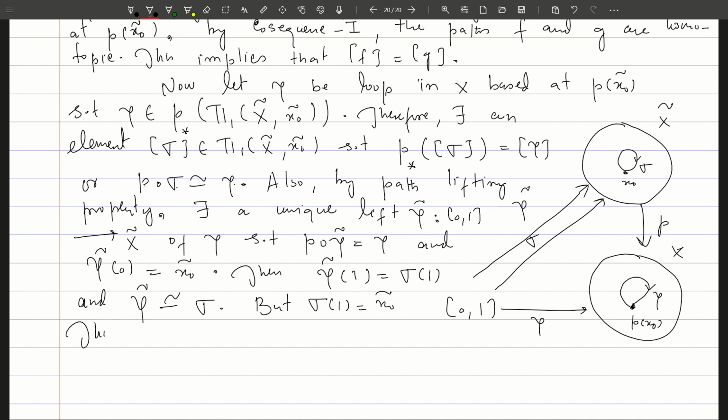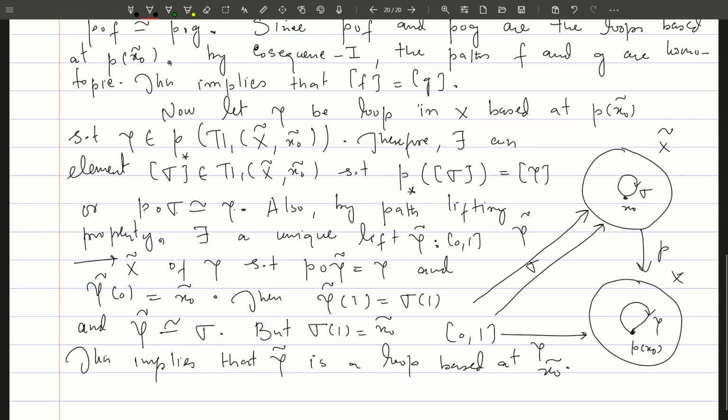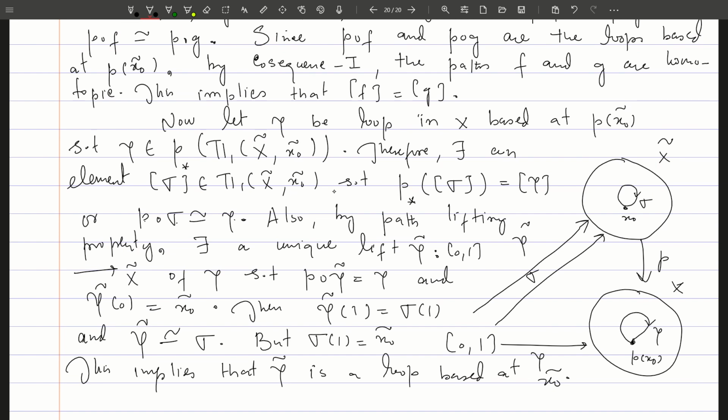The path lifting property assures us that P composed with gamma tilde is gamma, but it does not assure us that gamma tilde will be a loop.